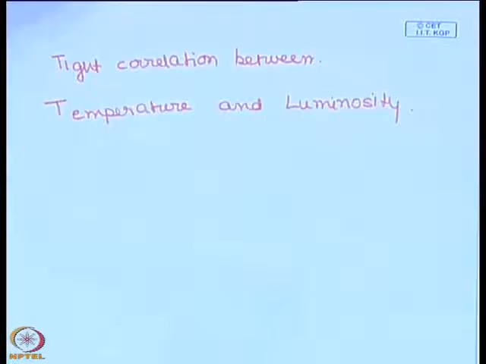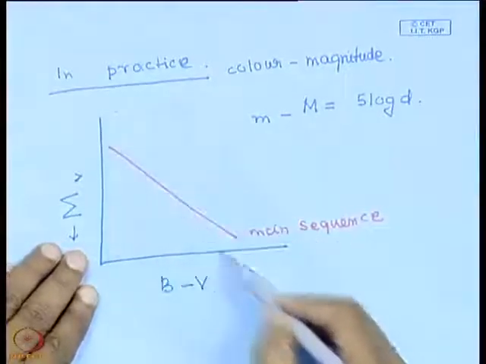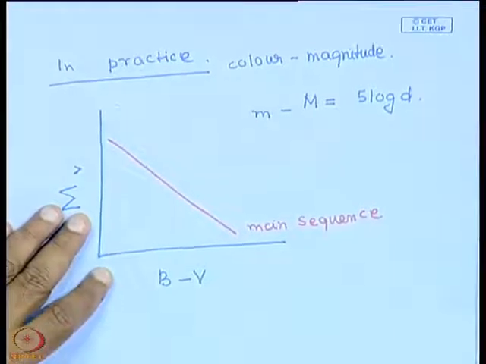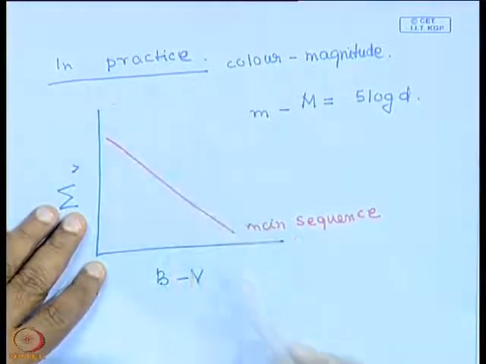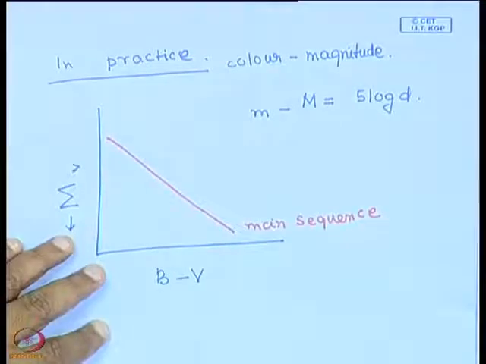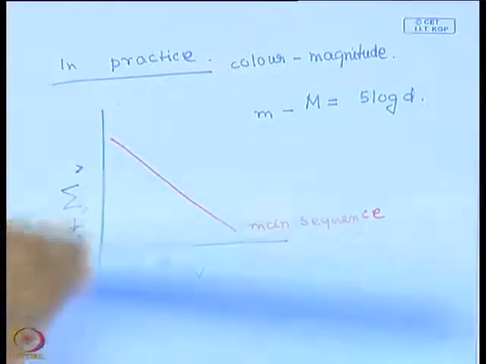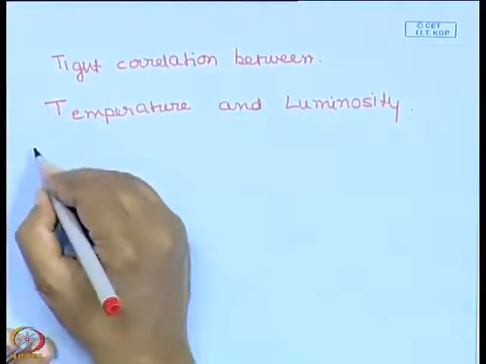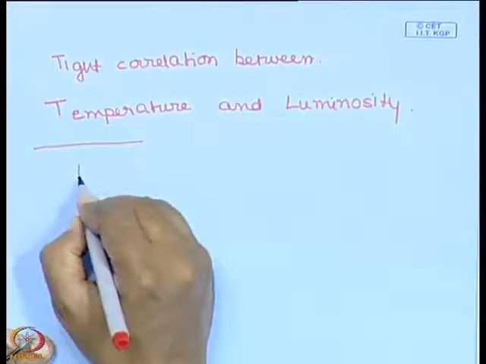So, the bulk of the stars turned out to lie on a band like this. There were stars elsewhere also, but this was a very dominant feature, and this was called the main sequence. It was later realized that these are the stars which are burning hydrogen.